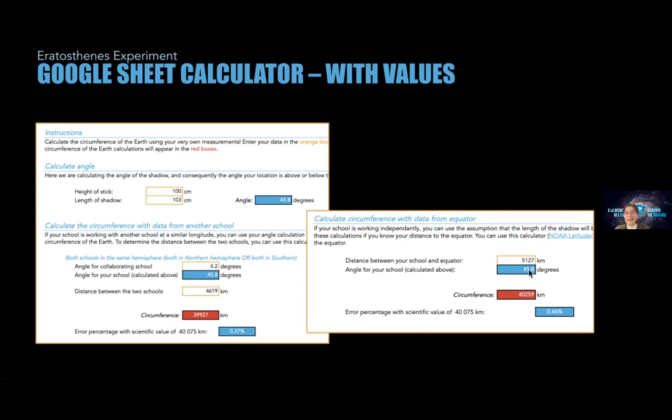Again, the angle carried down, and she was able to get the circumference within 1% error of the actual value. It was 0.46%. So this is a very accurate way of calculating the circumference of the Earth. And again, the spreadsheet will do it all for you.